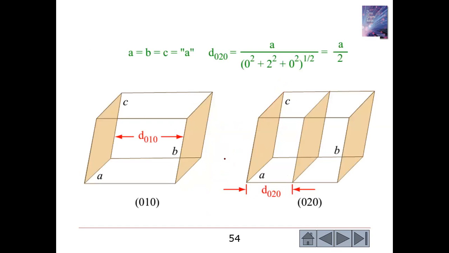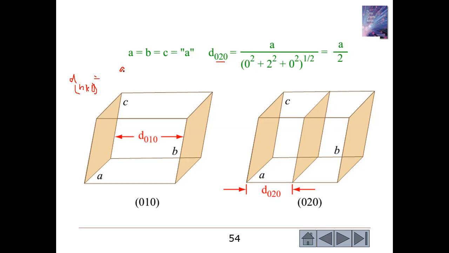Okay, how do you find out the distance between two parallel planes, right? So this is the relationship. In general form, it is actually d HKL, because we do it for a specific plane. So d HKL is equal to, these are actually the HKLs, right?